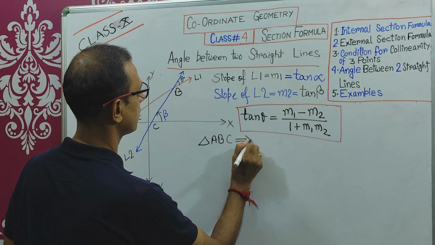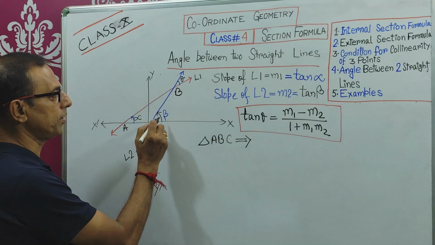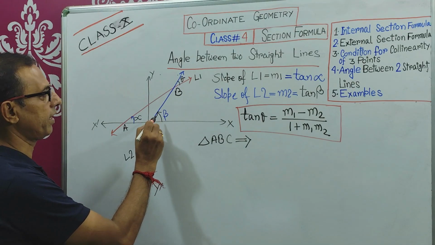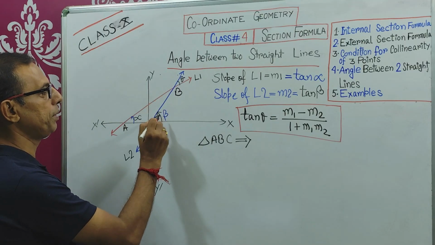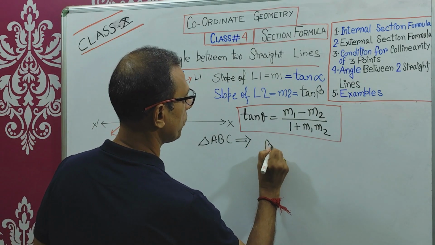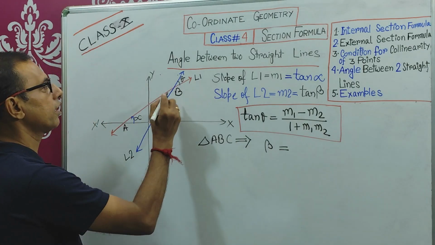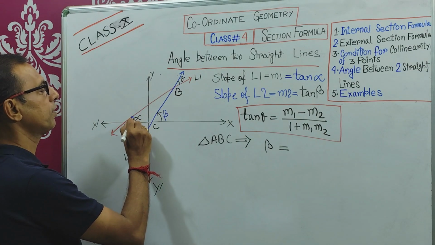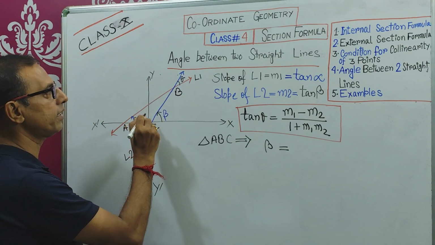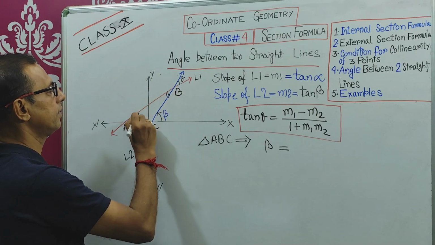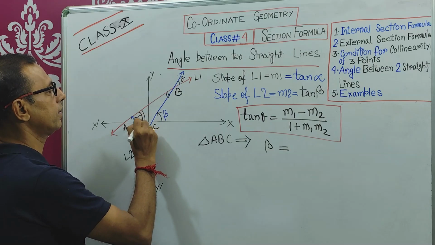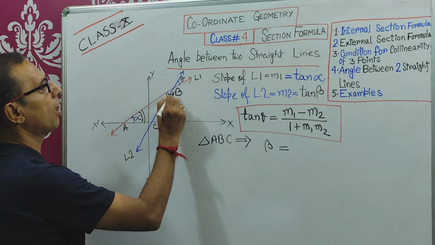As per the geometric property of a triangle, the external angle beta equals the sum of the two remote interior angles.